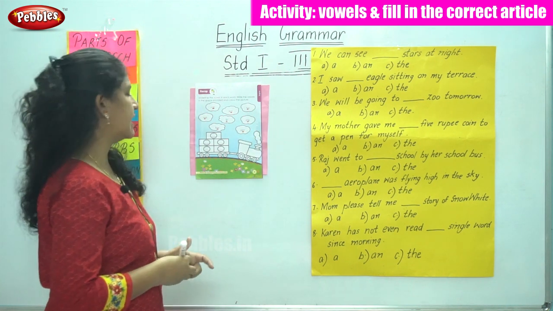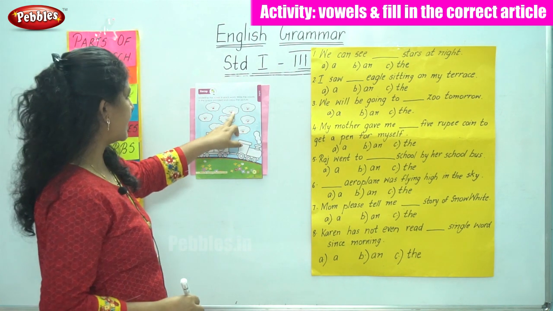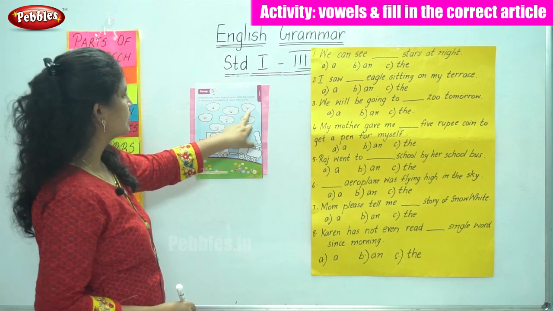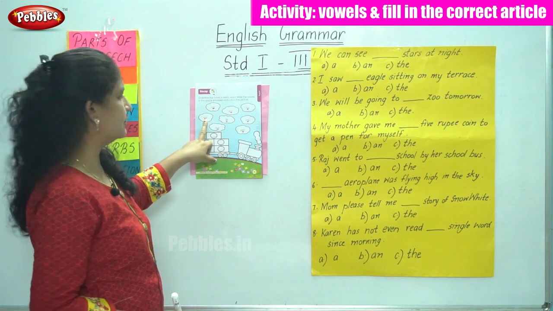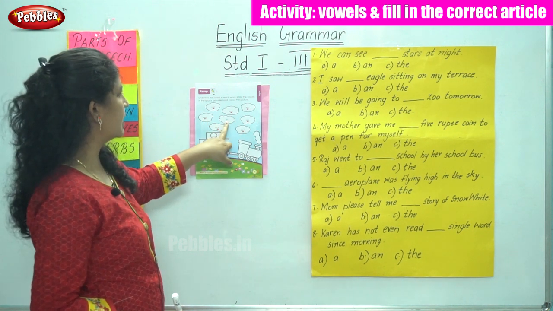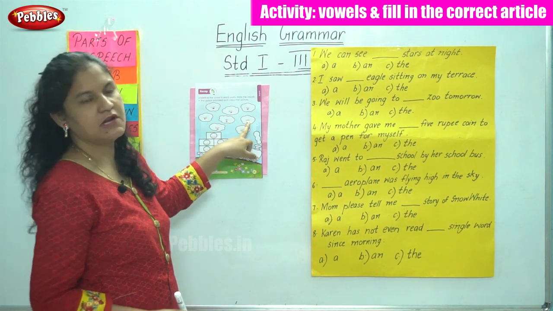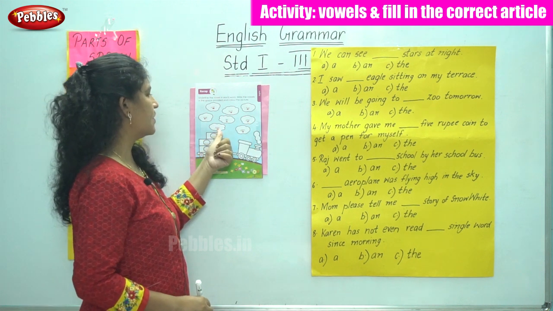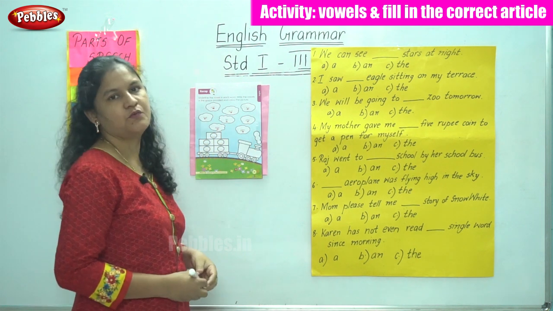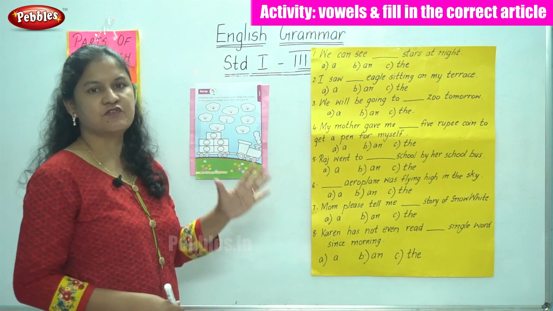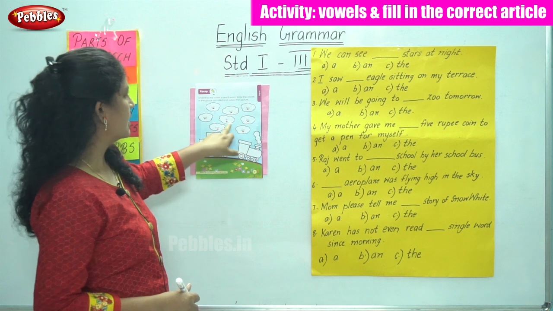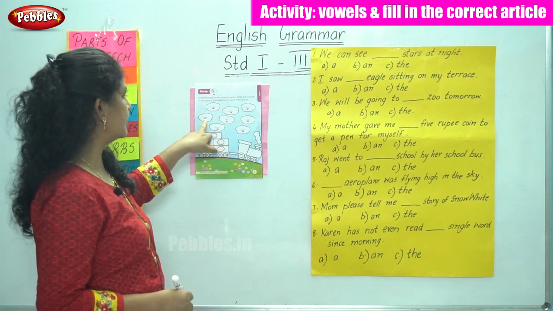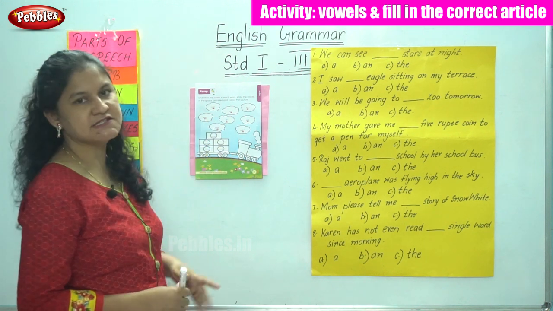So for cat, I have the vowel A, bat, vowel A, toy, vowel O, rug, vowel U, tin, vowel I, pig, vowel I, boy, vowel O, pen, vowel E. So we have the 5 vowels, that is A, E, I, O and U, and I'm going to write it in these blanks.